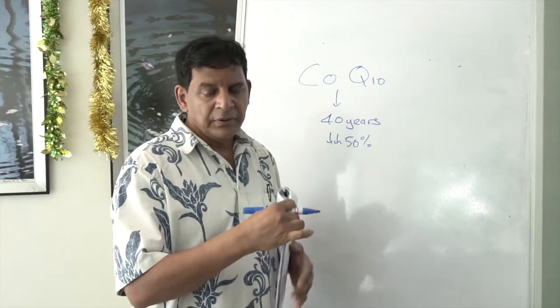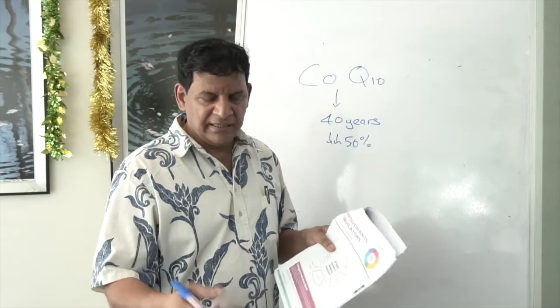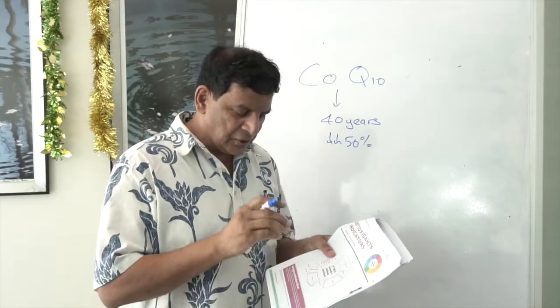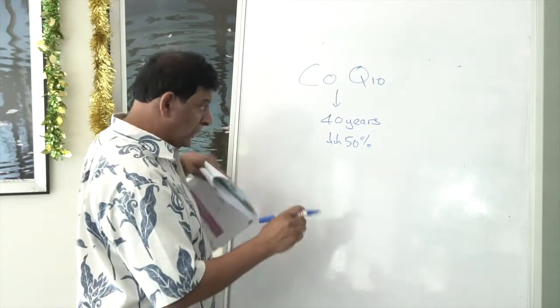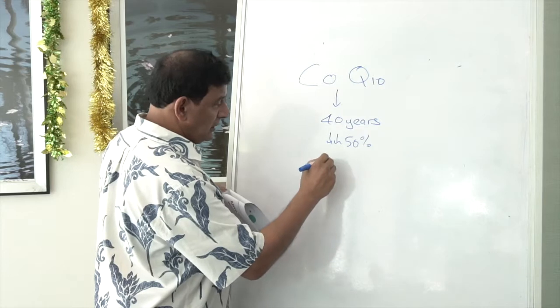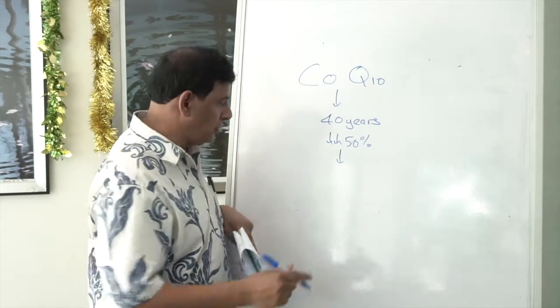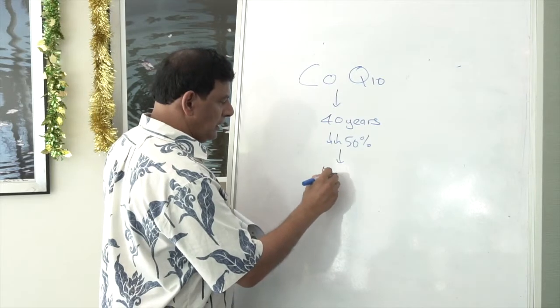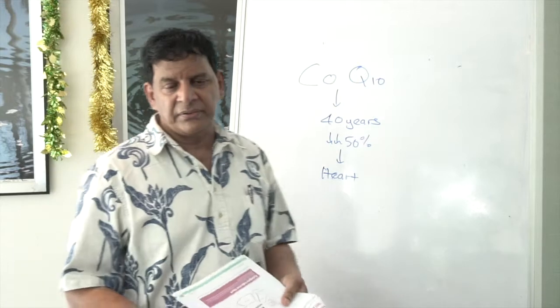I have not seen a medical test that is done, unless it's exclusively done for CoQ10. CoQ10 has many components and is mostly concentrated in the heart. The heart has the highest amount of CoQ10. Don't interpret a CoQ10 finding as a disease.